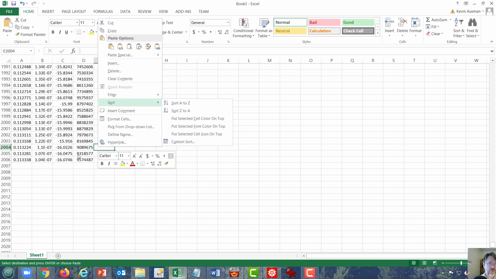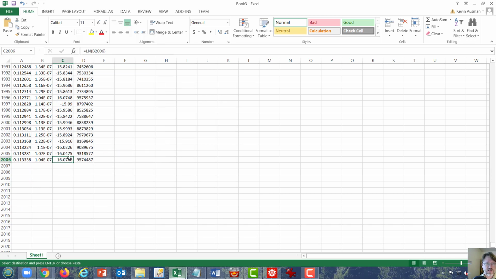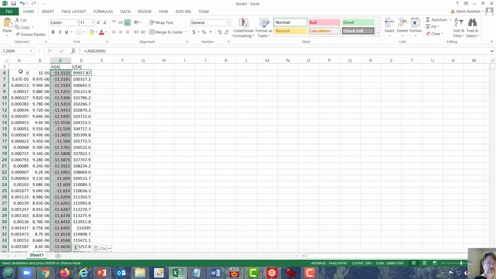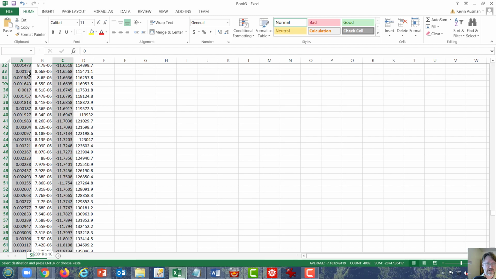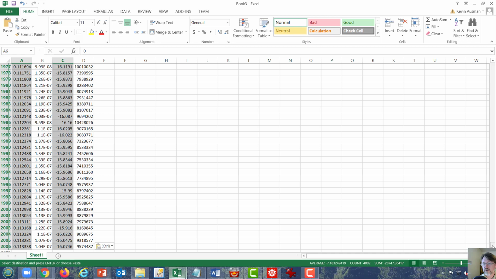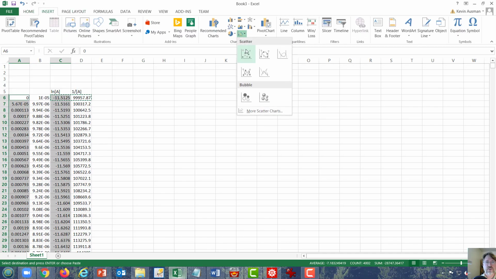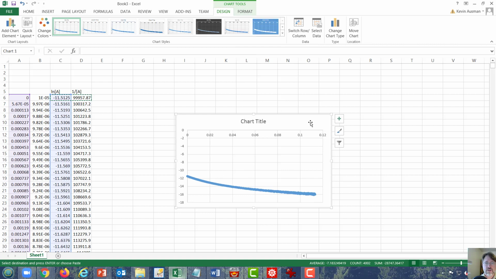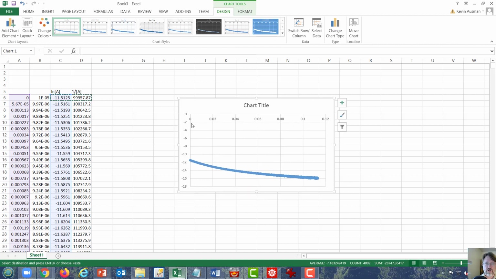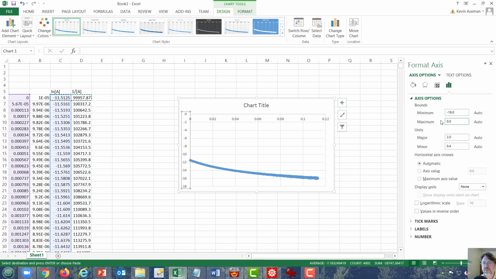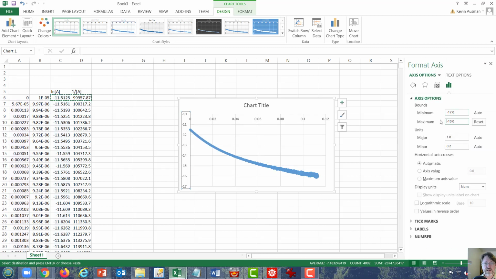We are now going to try to plot this, end up, control click, control shift end down, scroll back to the top, insert, chart, scatter plot. So that looks a little bit curved, and you can see that even better if we have this only go up to about -10.